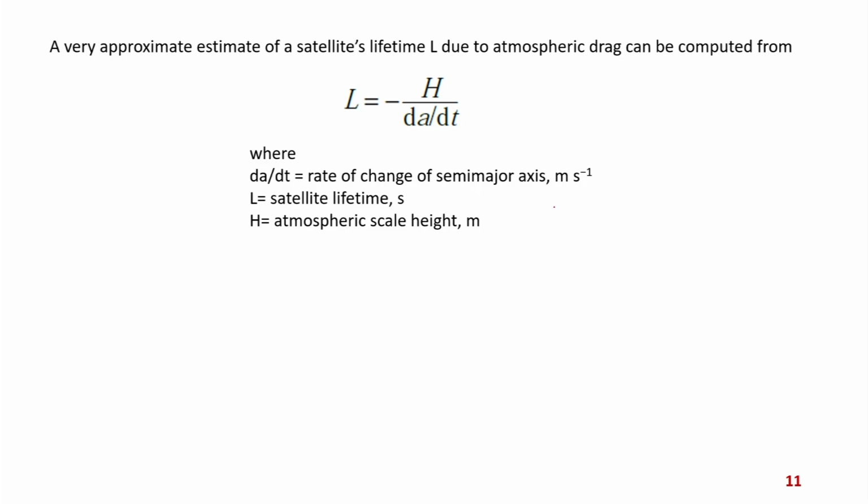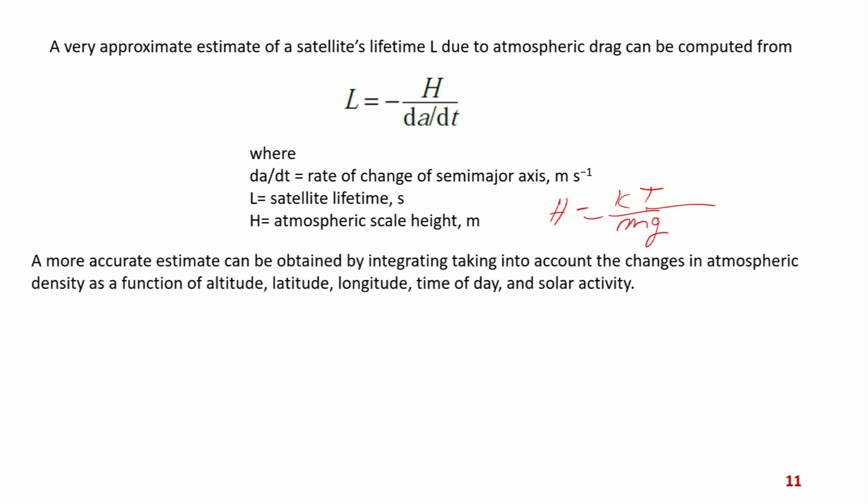The atmospheric scale height H is equal to kT by mg, which we have already seen in our last sessions. But if you want a more accurate value of the satellite lifetime, then we need to consider, when we do this calculation of da by dt, the changes of the atmospheric density as a function of altitude, latitude, longitude, time of day and the solar activity.